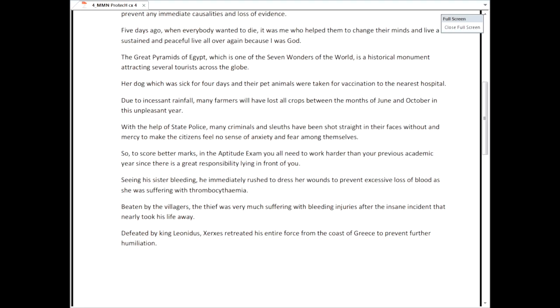Okay. All right. Read again. Seeing his sister bleeding, he immediately rushed to dress her wound to prevent excessive loss of blood, as she was suffering with thrombocythemia. All right.